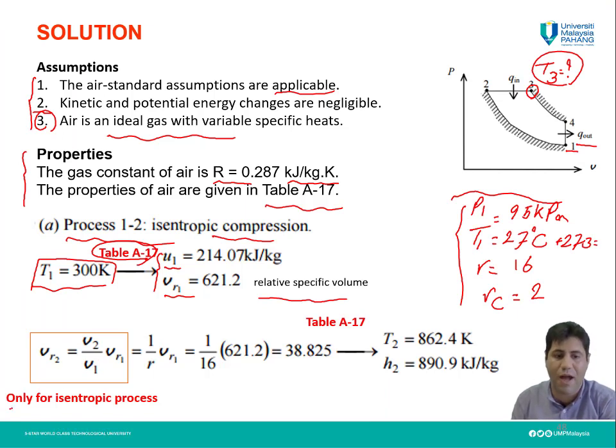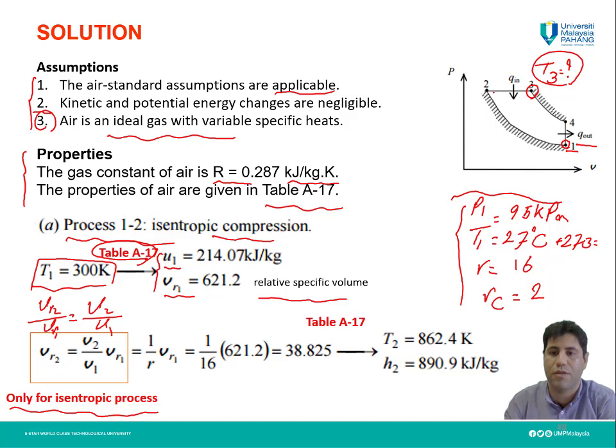This equation is valid only for isentropic processes, where 1 and 2 show the two states that the process goes through. Here the process is between state 1 and state 2, so we can write this equation because we have an isentropic process.